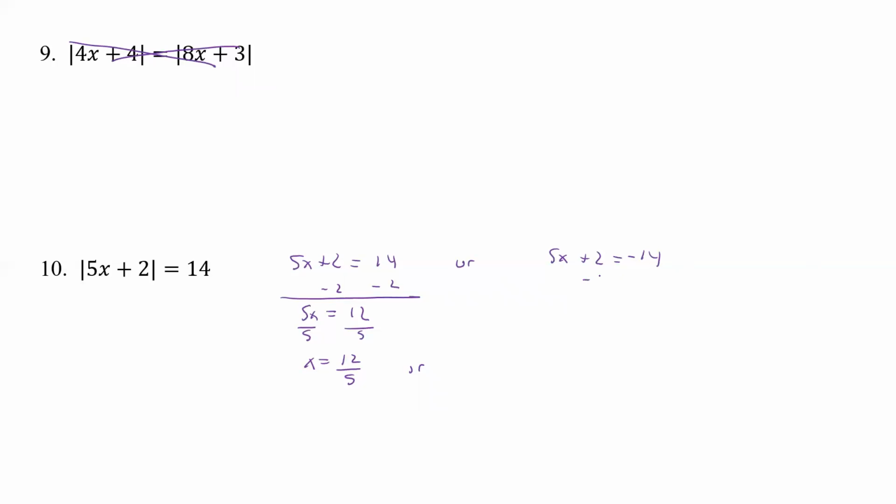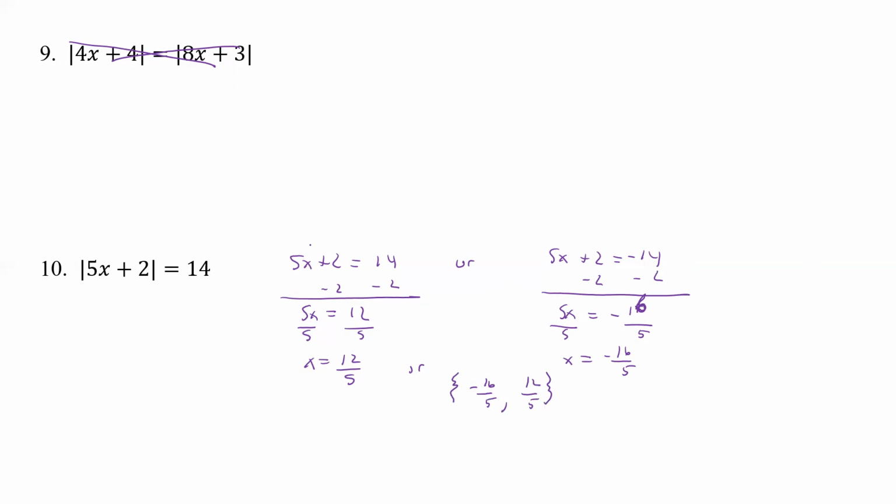Or now I have to subtract 2. And so 5x equals, that's going to be a minus 16, sorry. All right. And so divide by 5, and x equals negative 16 over 5. So my solution set is negative 16 over 5, comma, 12 over 5.